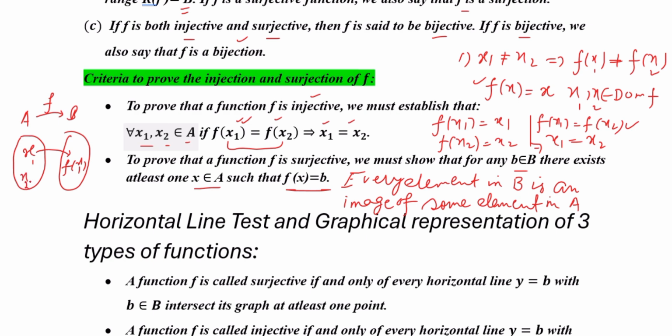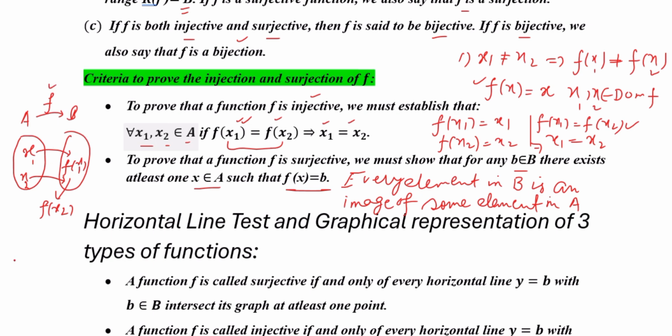If you apply f on x2, there is a corresponding element f of x2. If for every element of B you find an element in A, then in this case f is a surjection.